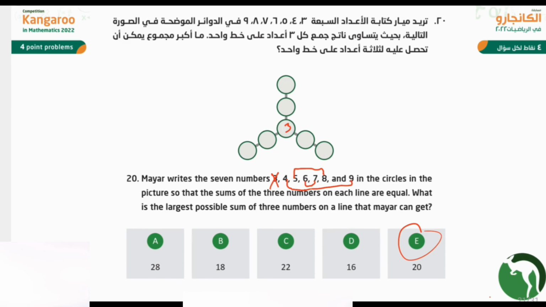So if we sum these, we will obtain here 13. So I will put them here 6, 7, and here 8 and 5, and 4 and 9. So now we will obtain 13 whenever we sum the 3 digits for each of these sets, and we will obtain 16 as the smallest possible number.